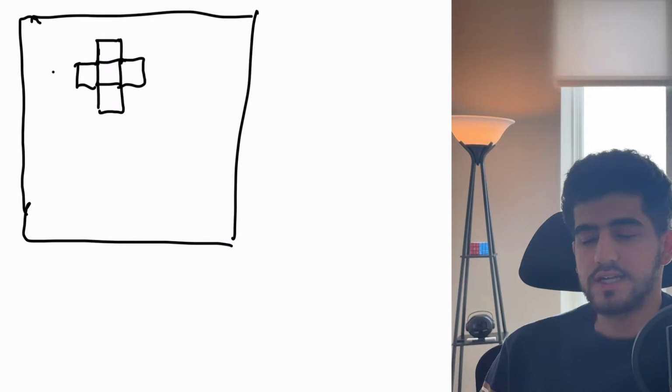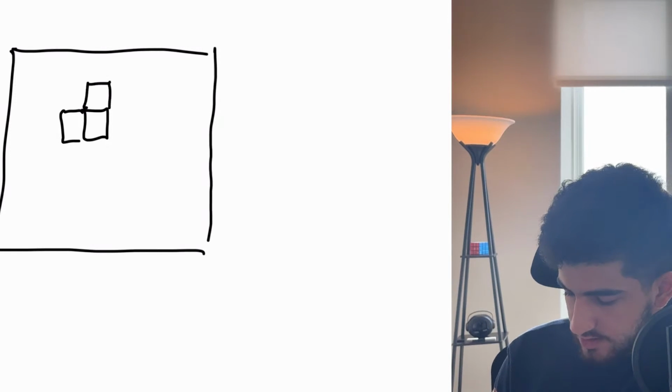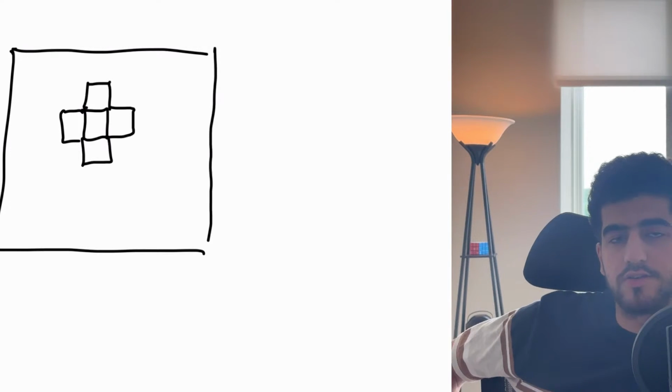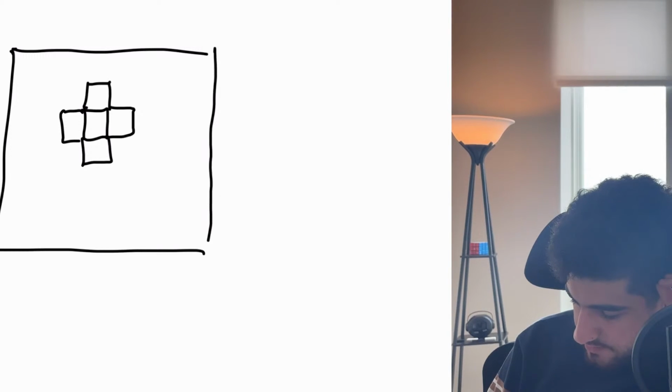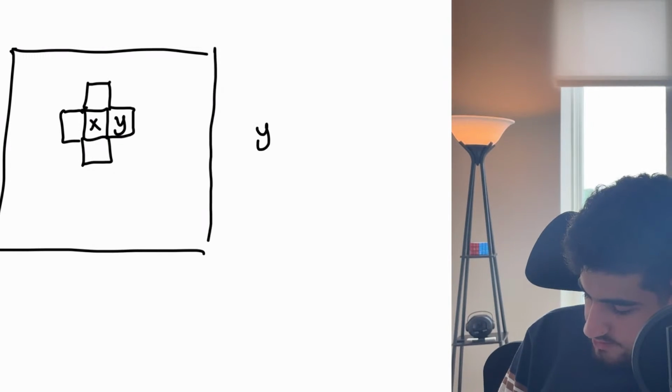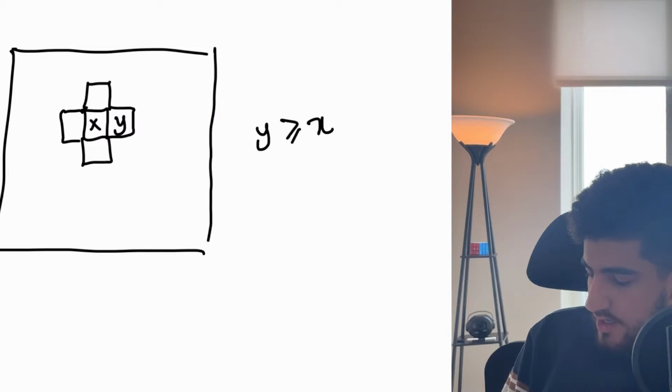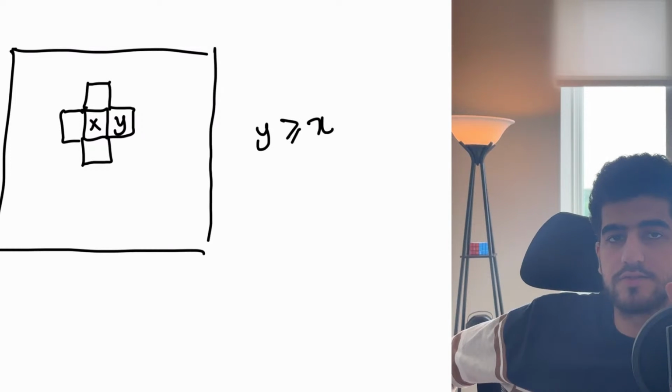It is easy to say that if a number initially is not strictly greater than all of the neighbors, it never will be. If it has a neighbor, for example, we have this cell x and this neighbor y, where y is greater than or equal to x, it always remains greater than or equal to x.